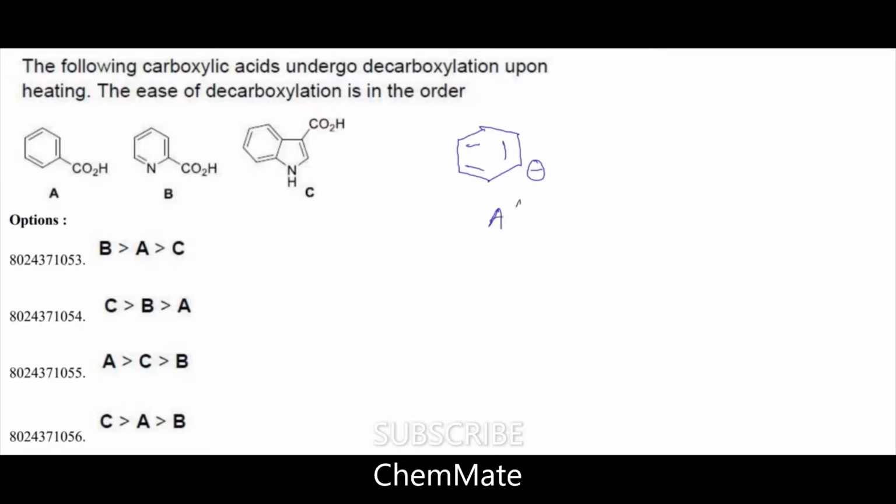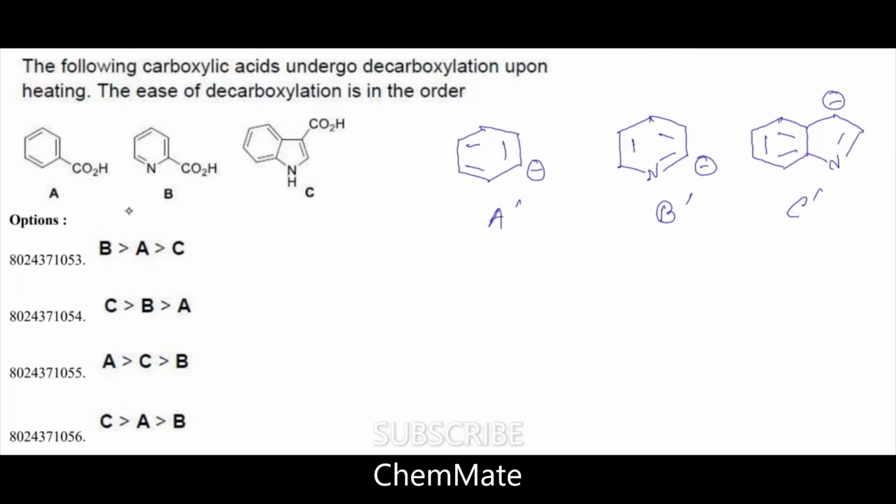Let's say this is A prime. From B, the carbanion generated will be this, and from C it will be this one. This is B prime, this is C prime.